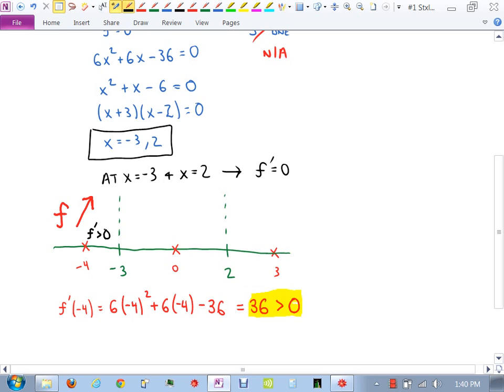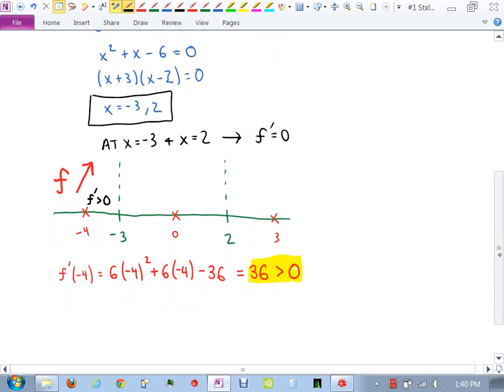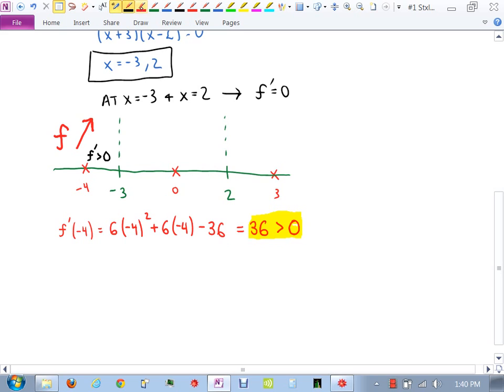Now what's happening at -3? It's flattening out, right? So what should we check next? 0. The derivative at 0. And at 0, it should be an easy computation. It's negative 36, isn't it?